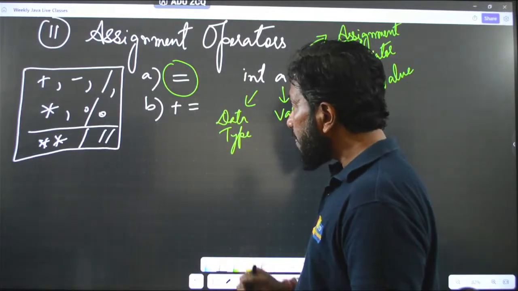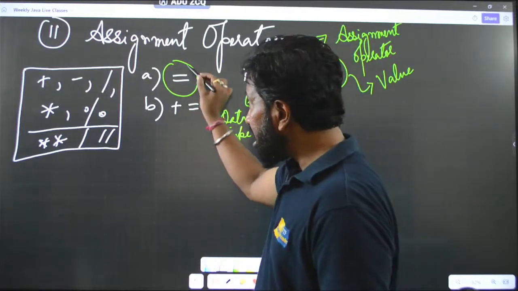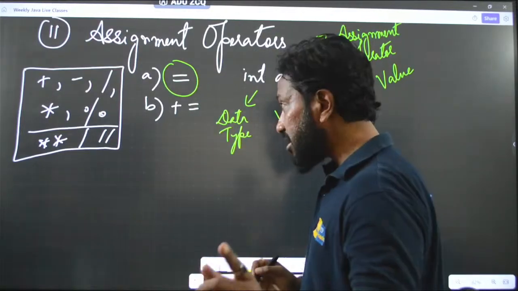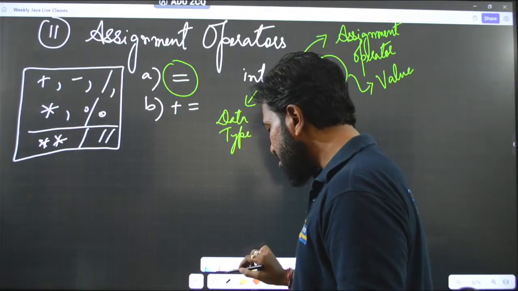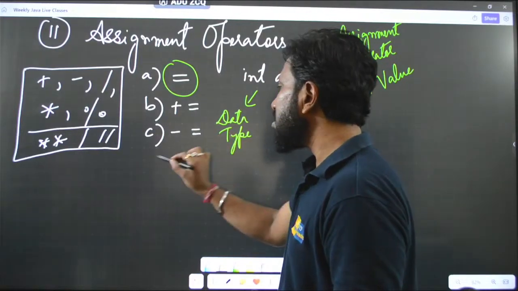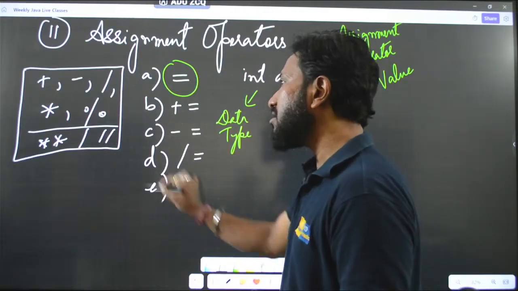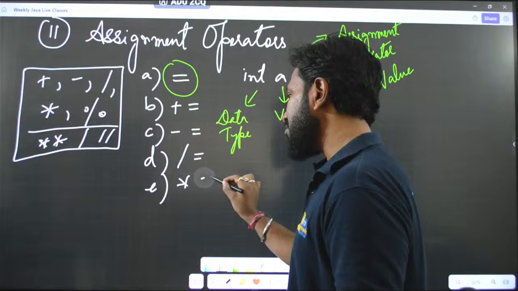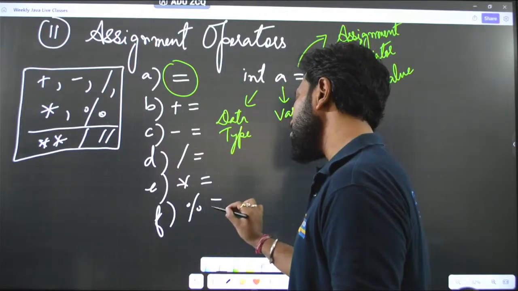So now if you want to remember them in a very easy way, what you do, equal sign is the first assignment operator. After that, the second one is plus equal sign. The third one is minus and equal to. The fourth one is divide equal to. The fifth one is multiply and equal to. The sixth one is modulus and equal to. and so on.